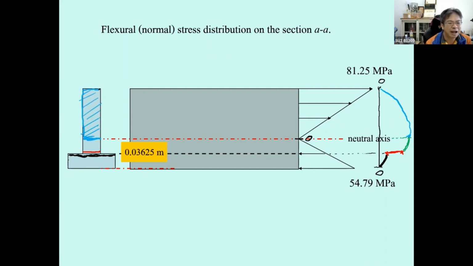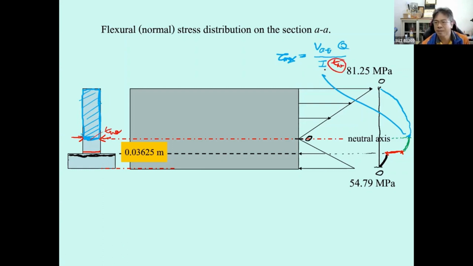And if you would like to determine the tau max over here, the tau max will be V at section AA times Q over I, and then divided by the width of the web, t web, which is 20 millimeter. We know the I. We have computed V for section AA, and the last one that we need to determine is the Q.